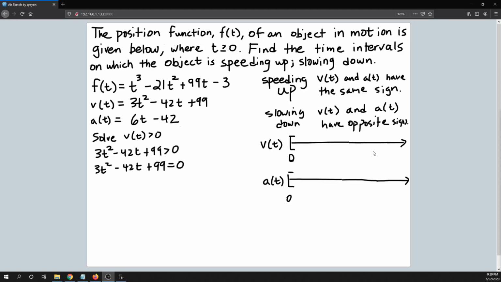The first step in factoring would be to factor out a 3, since 3 goes into all of these. So that would be 3 times t squared minus 14t plus 33.